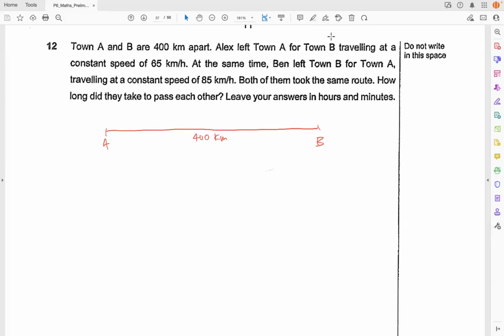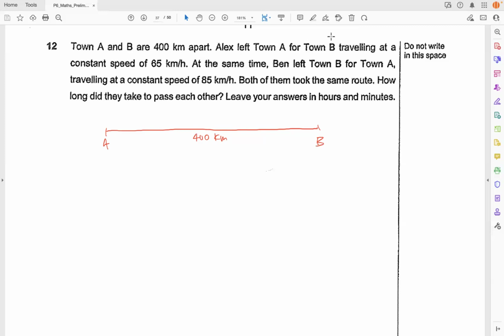Alex left town A for town B. At the same time, Ben left town B for town A. You have to know, are they traveling towards each other or away from each other or in the same direction? So when you read a speed question involving two persons or two vehicles, you must always establish whether these two persons are traveling towards each other, away from each other, or in the same direction.